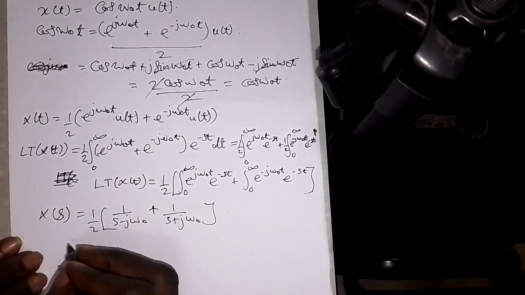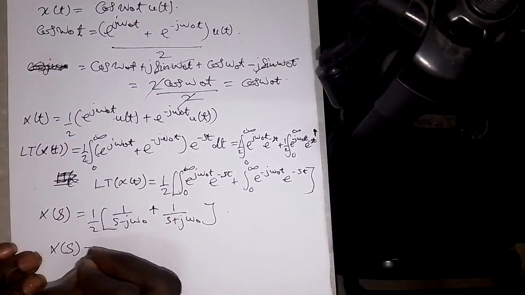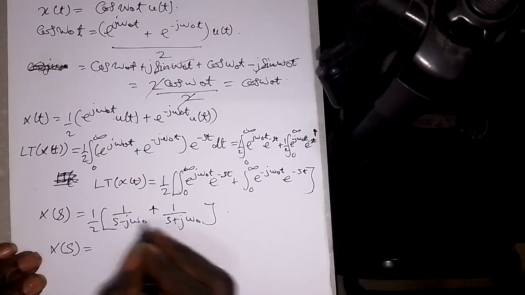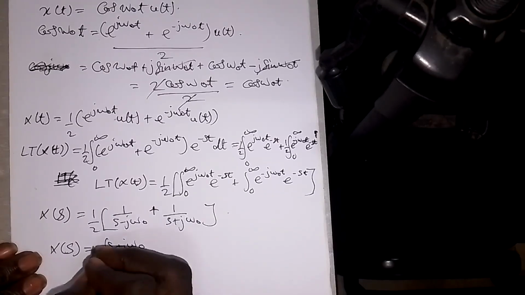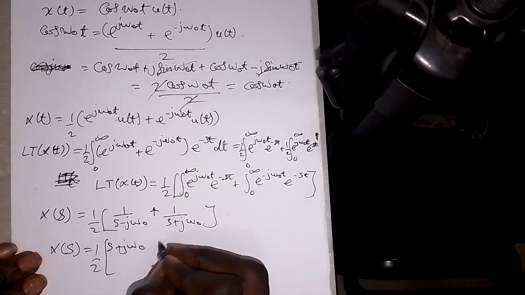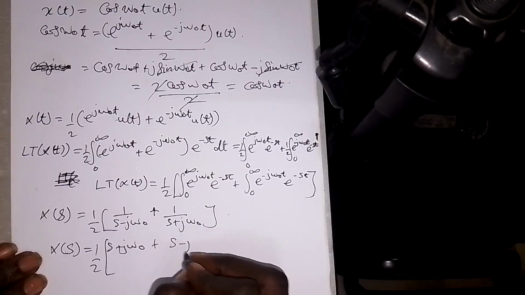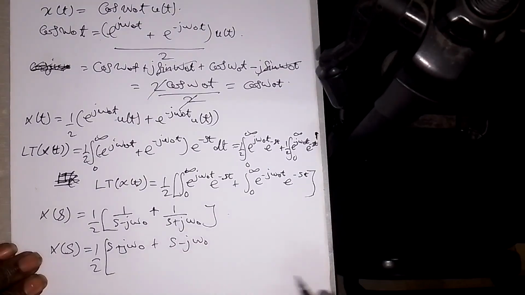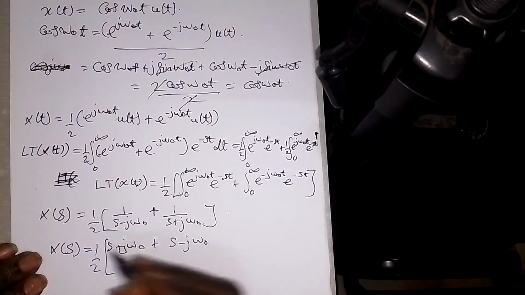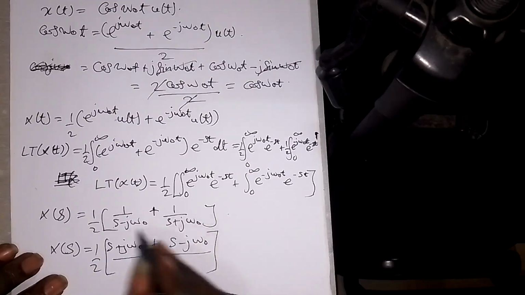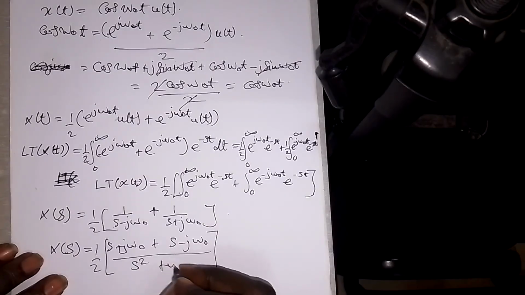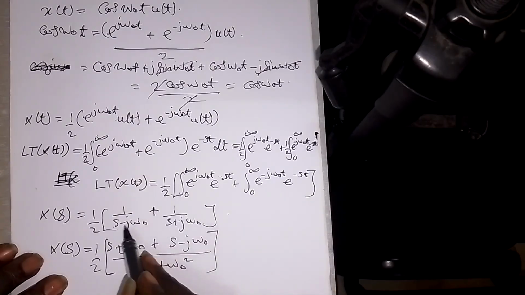X of s is equal to half, before the half we have s plus j omega naught plus s minus j omega naught. So basically this will cancel this, and then this into this, and this into this, you get s squared plus omega naught squared.